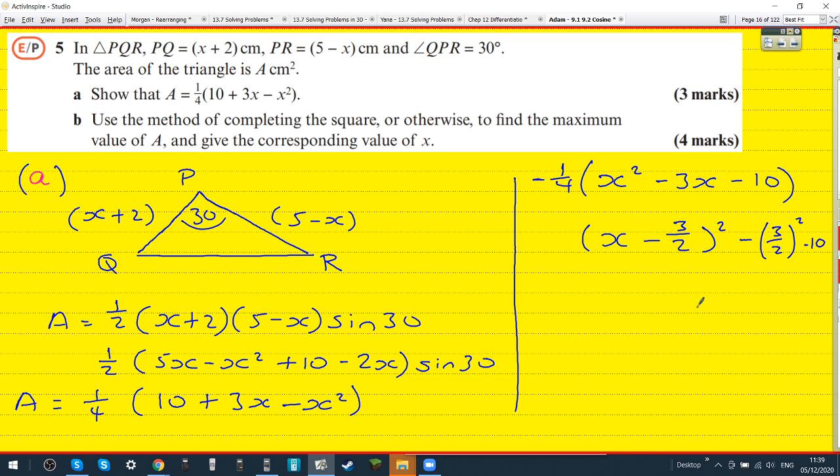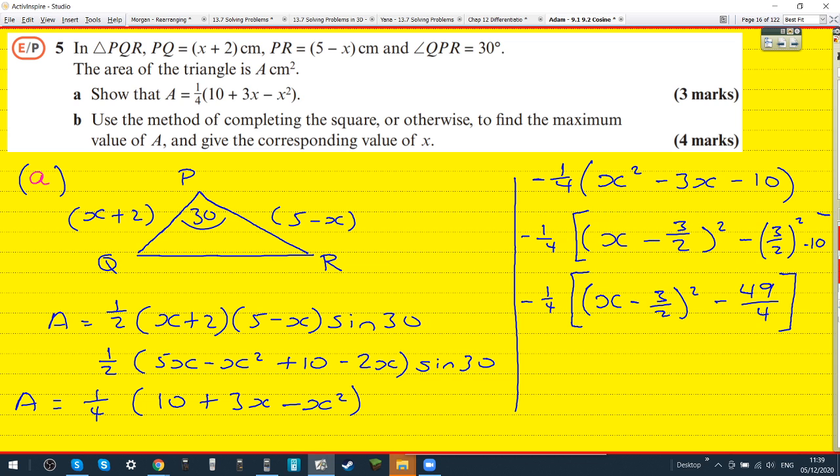So you simplify minus 10 and minus 3 over 2 squared first. Yeah. Okay. Which gives you minus 49 over 4. And that whole thing was multiplied by minus a quarter. Okay.